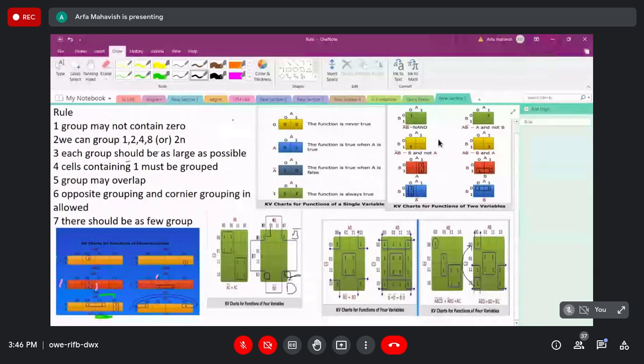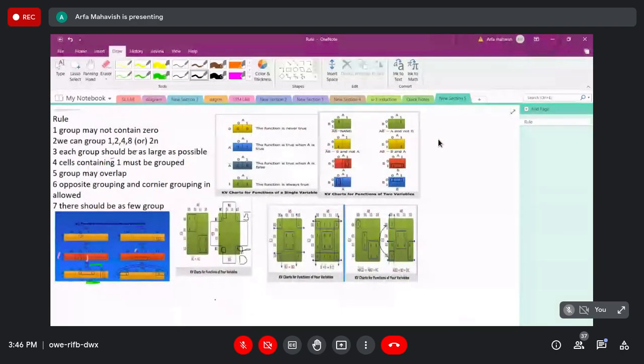Someone take the expression I am saying. Solve the expression and give it to me in the next class.